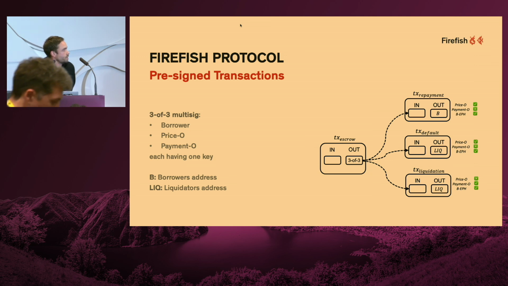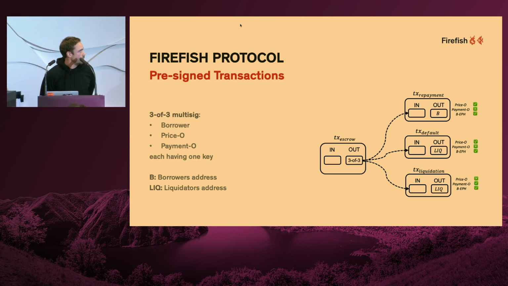This is very nice because if you lock Bitcoin as a borrower in this kind of construction, you pretty much know that it can only end up at your own address or on the liquidation address, nowhere else. So we created a finite set of possible outcomes that can happen during the lifetime of the loan. What was not possible in the more simplified 2-of-3 multisig scenario.